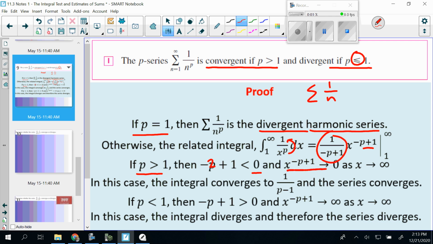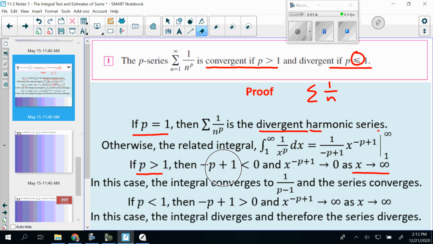So that means that x to a negative power is going to go to 0 as we do the limit, which we know then tells us that this is going to be a convergent series. So as long as p is bigger than 1, it should converge. Convergent if p is bigger than 1.